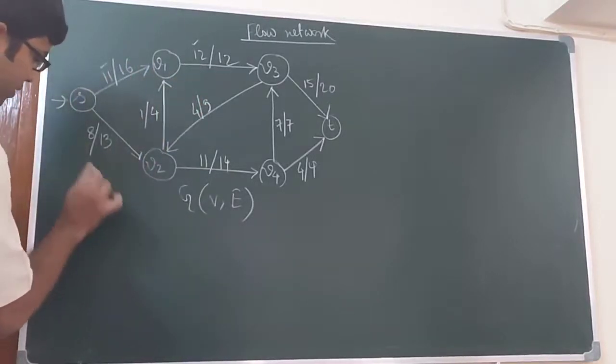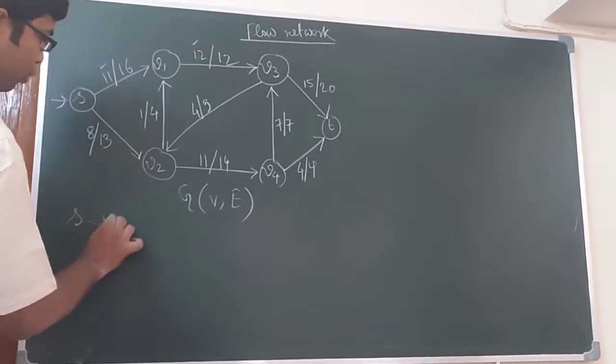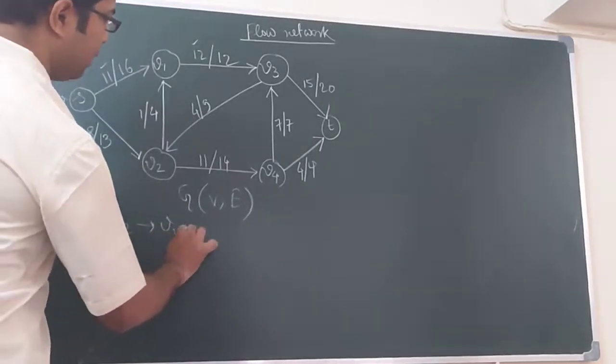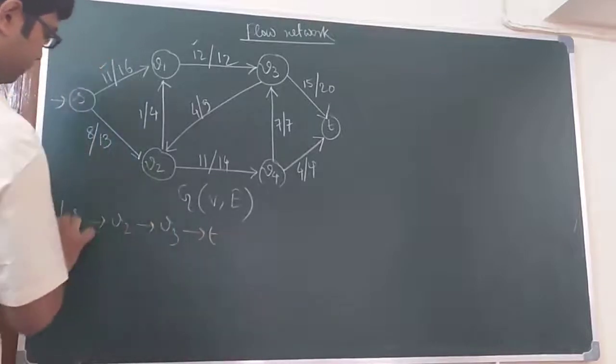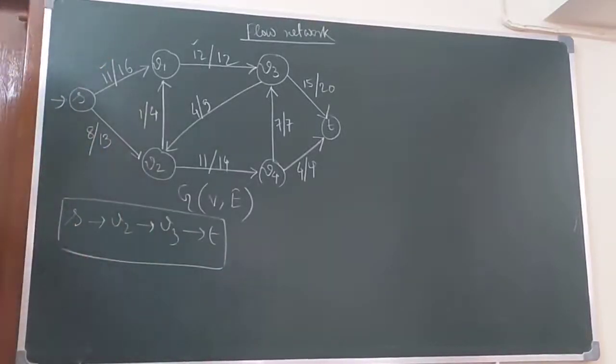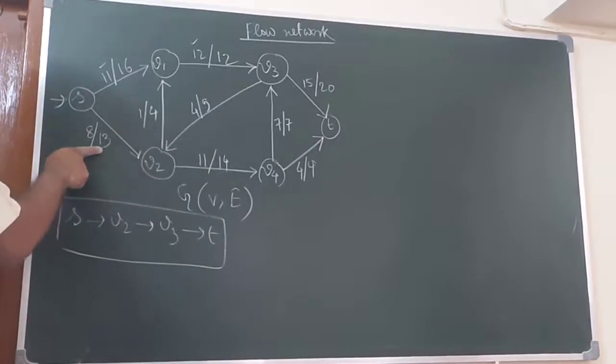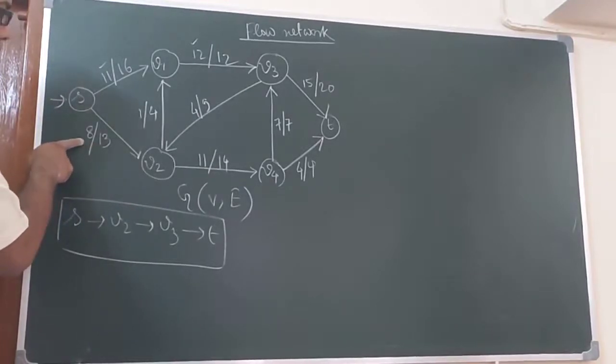Let us choose arbitrarily an augmenting path S to V2, then V3, then T. Here from S to V2, the capacity is 13 and flow is 8.